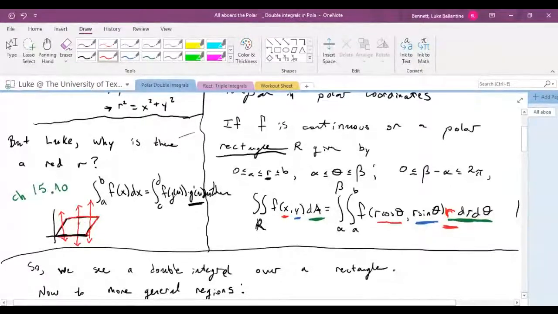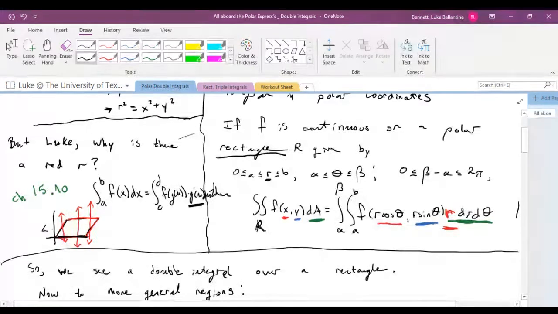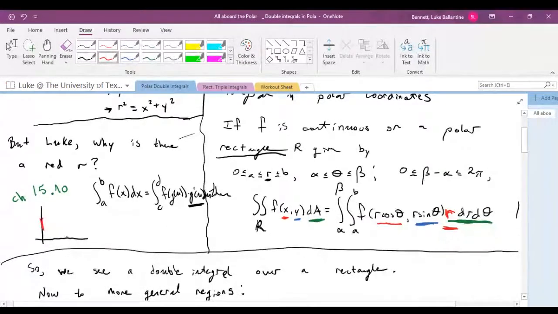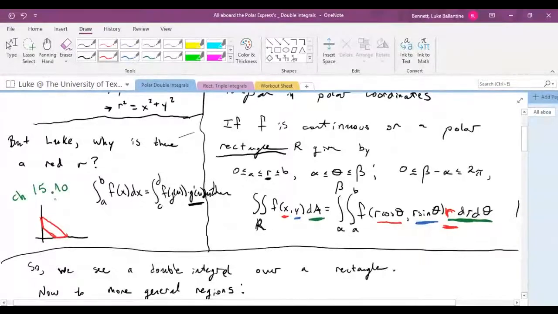So I would have to split this up into, oh wait, this actually is type 2. Oops. Because you could do horizontal cross sections. So that's not a good example. But okay, I have a good one actually. Like a trapezoid, like this. See, this is neither type 1 nor type 2, but with proper substitution, anything is possible. Well, maybe not anything, but we could integrate this a lot easier.